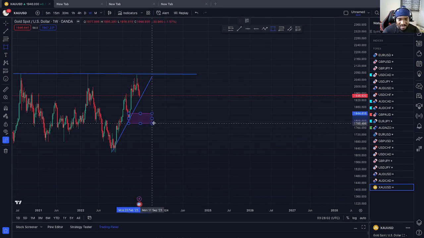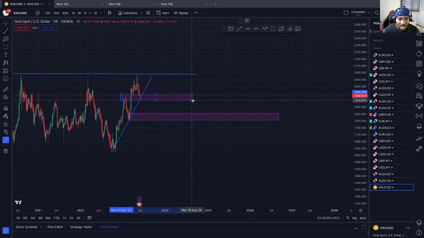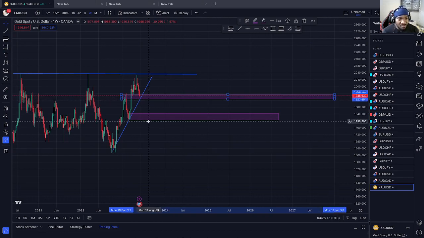Price could react at this level, or definitely at this level here that price is already reacting. We could have a reaction here, but we don't know until we go to a lower time frame, like the daily and 4 hours, to understand what is happening. But clearly, the velocity the market is using to come down is definitely going to break this zone. So we're out of this zone altogether.